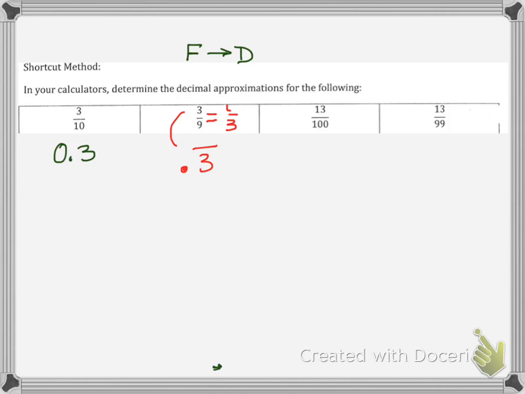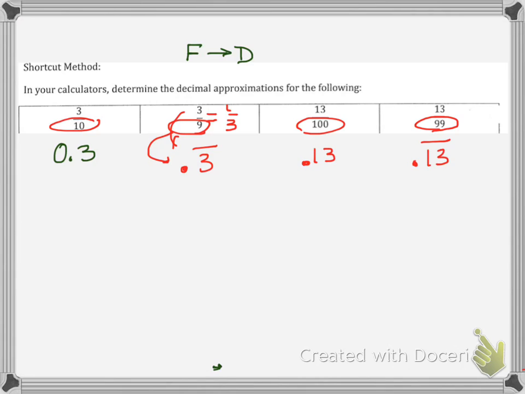So 1/3 being 3/9, 0.3 repeating. 13/100, 0.13. 13/99, 0.13 with both of those digits repeating. So hopefully you're looking at a pattern there. We have tenths not repeating, ninths repeating, powers of 10 not repeating, 99, 2 digits repeating. So hopefully you're making connections there.